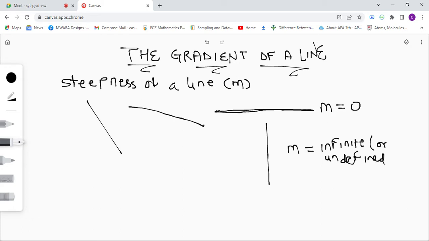So now we are going to look at how we can obtain the gradient of a line when we're using 2 points. So we must remember this formula.